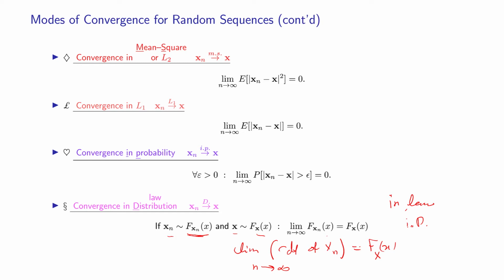Of course, if the distribution of a random sequence becomes constant, obviously its mean also becomes constant. For instance, if x of n converges to x in distribution, you can say the mean of x of n should be equal to the mean of x when n goes to infinity.